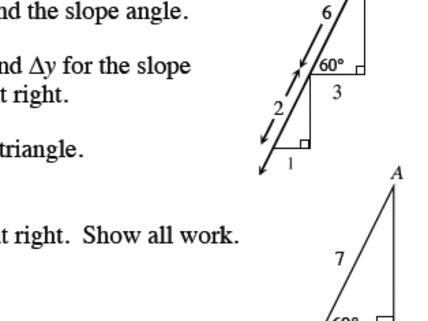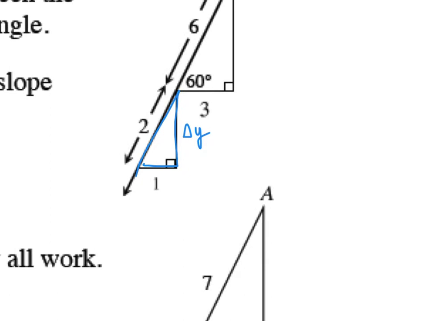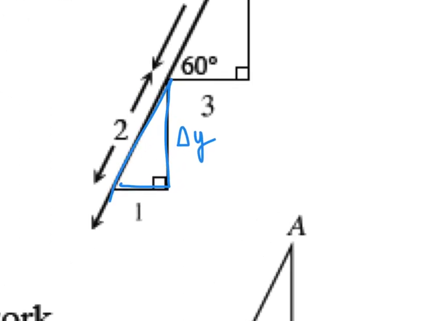Looking at this first triangle over here, the smaller one, if I were to try and determine this length, the change in y, I could actually use the Pythagorean theorem. That would be my first thought. I could do 1 squared plus y squared equals 2 squared, because I have a right triangle and I know two of the side lengths and not the third.